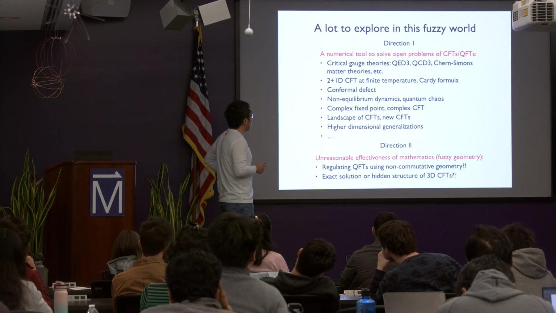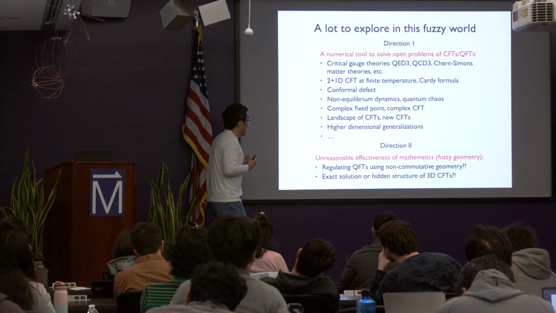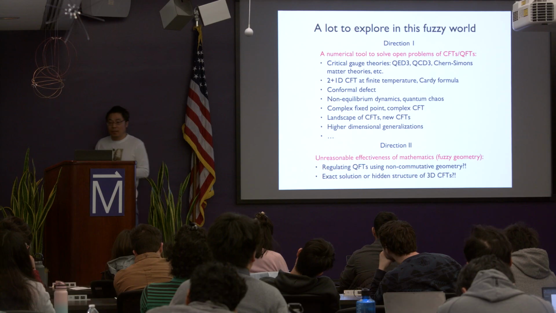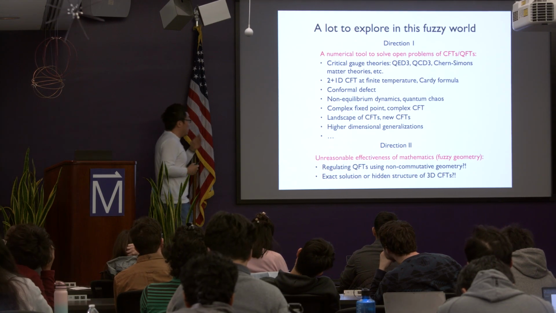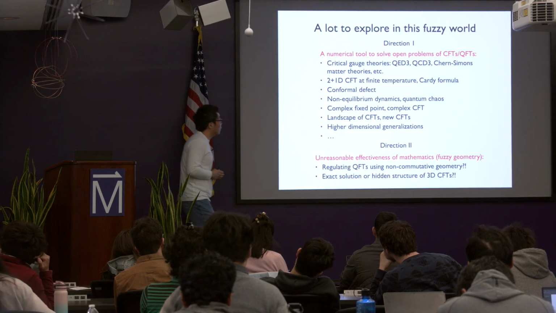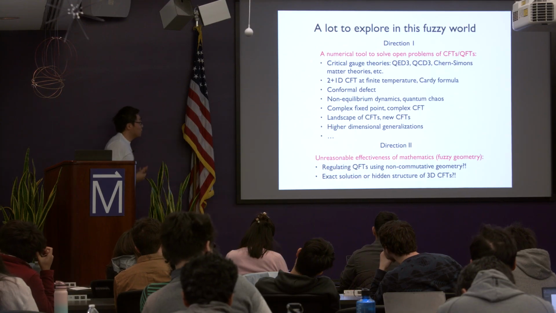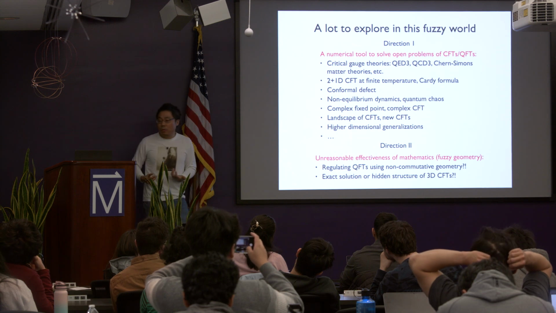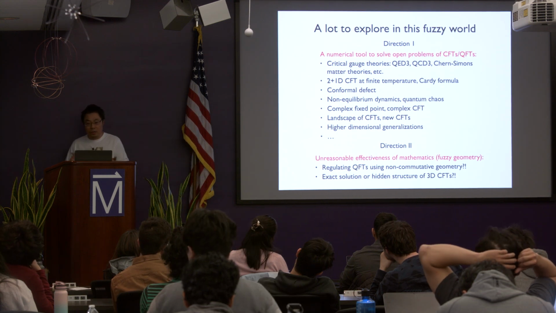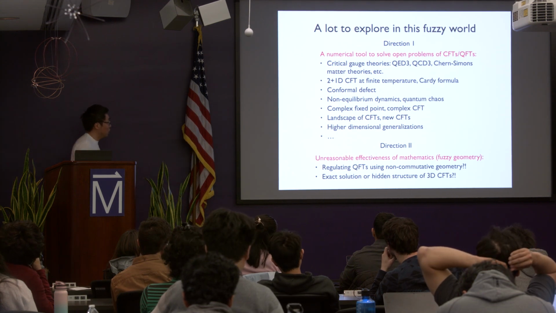So let me spend a few more minutes trying to give you some outlook about the possible exciting things to study in this fuzzy world. Of course, we can use it as a numerical tool to solve many open problems of CFTs and also QFTs, like what we are already doing.